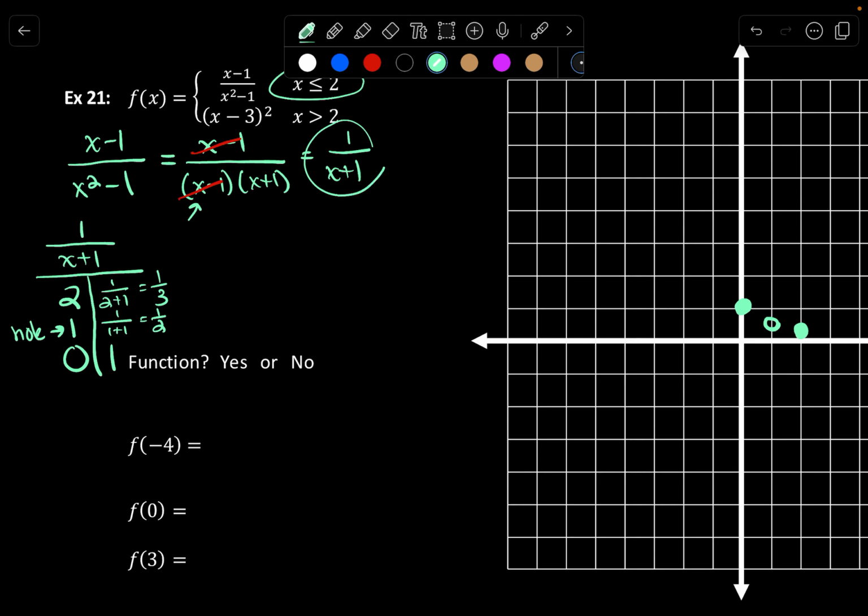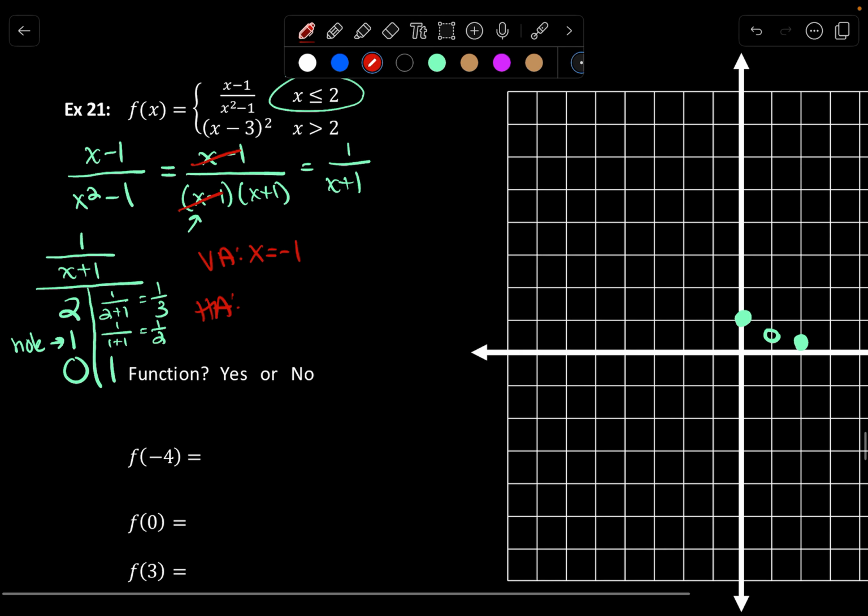Also, this is a rational function, and all rational functions have a vertical asymptote and a horizontal asymptote. With this one, your horizontal translations will change your vertical asymptotes. So our vertical asymptote is going to be at x equals -1. The horizontal asymptotes are changed by vertical translations, which this one doesn't have.